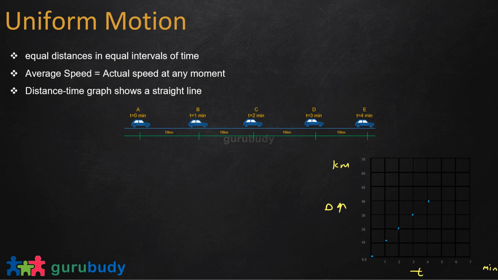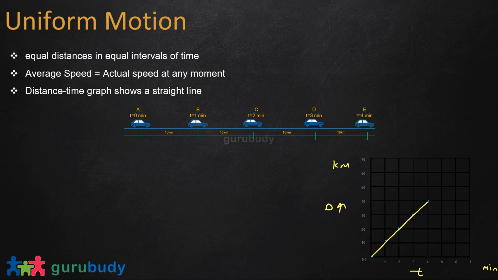If I connect all these dots, as you can see, it's a straight line. So in a uniform motion, if you plot it in a distance-time graph, the line will be a straight line, as we have seen in this example.